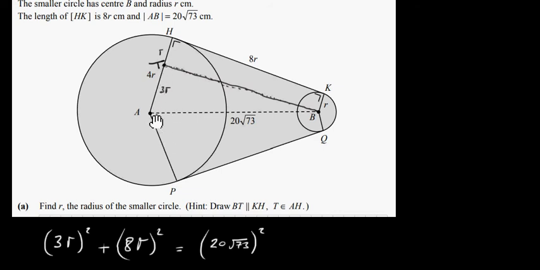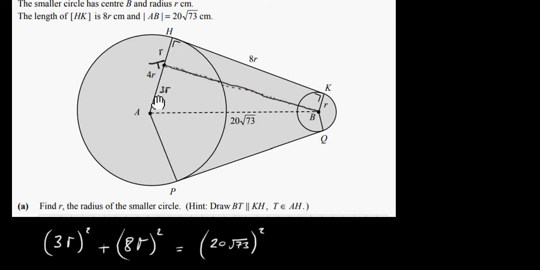Because remember, I have this right angle triangle. I know this side here, which is the adjacent to this angle, and I know this side here, which is 8r, 8 times 20. This is 3 times 20. This is the opposite, this is the adjacent.